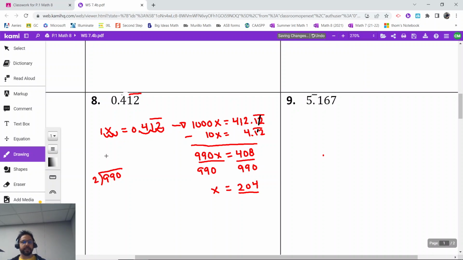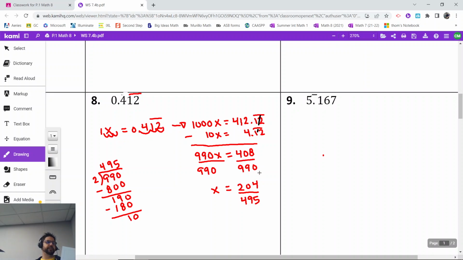So again, 2 times 4 is 8, which is really close to 9. 2 times 9 is 18, which is really close to 19. And 2 times 5 is 10. So that's 495.